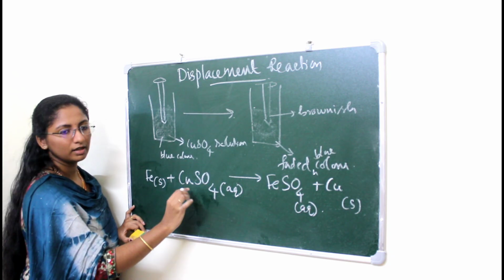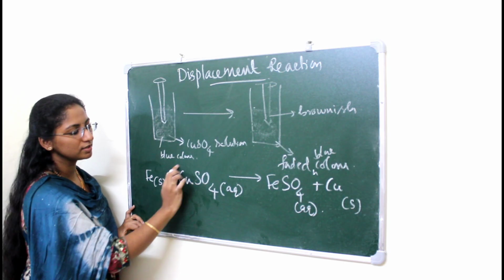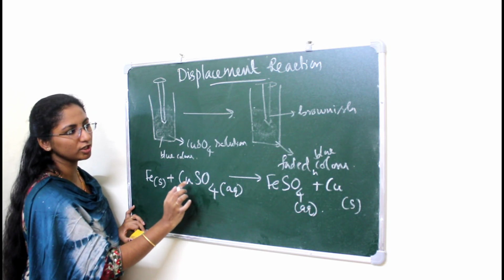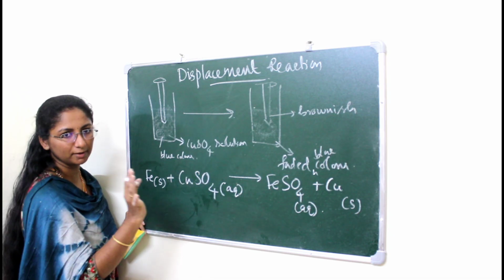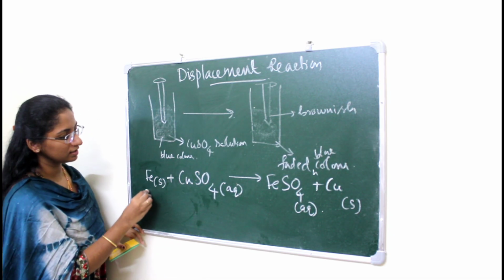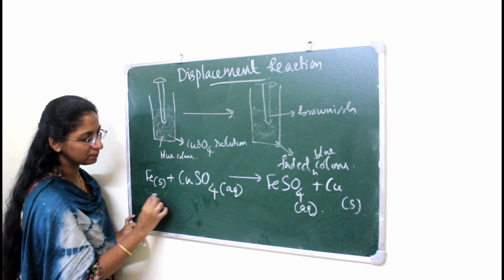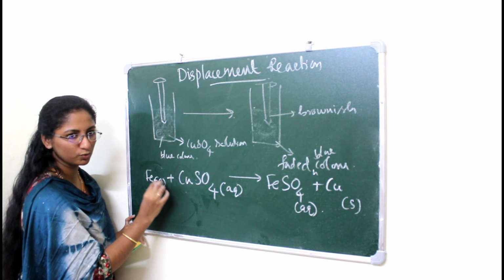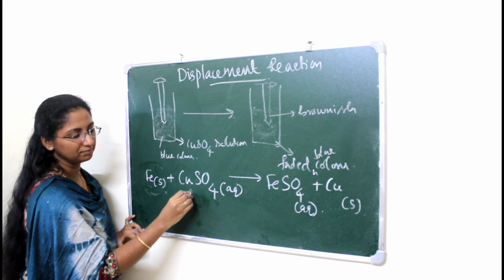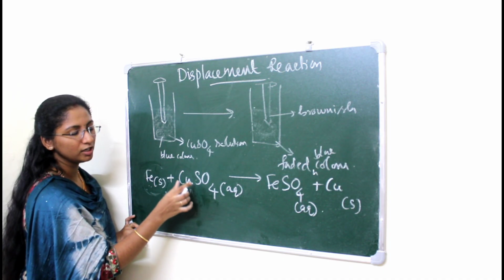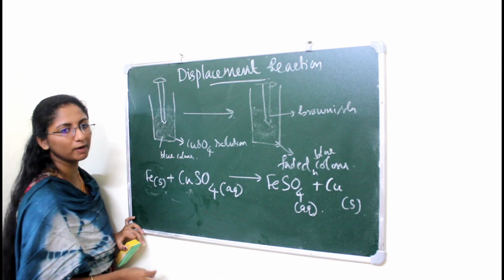And there is formation of copper metal, copper solid particles, that are deposited on this iron nail, showing a brownish color. So this iron is more reactive than copper, so iron displaces copper from the copper sulfate solution to form iron sulfate and copper metal.